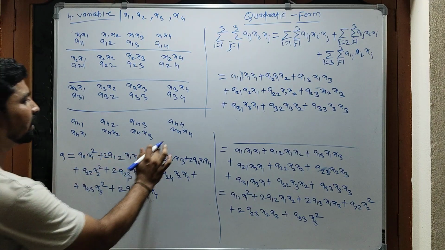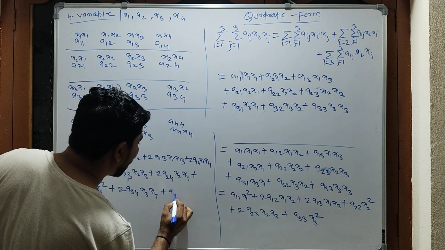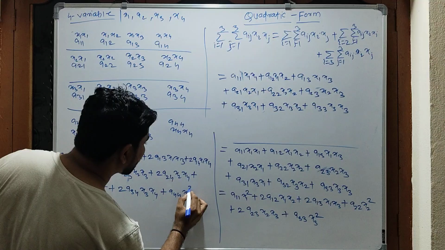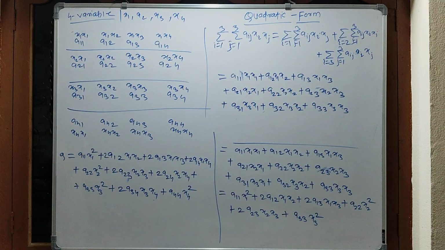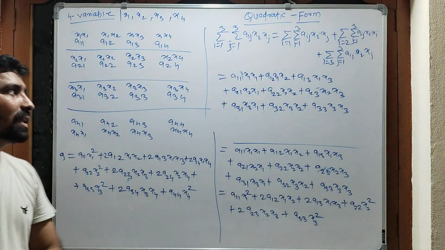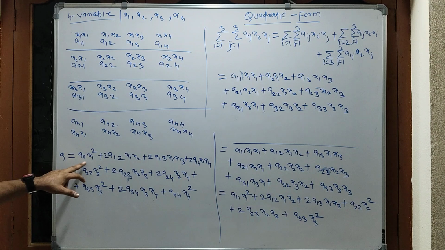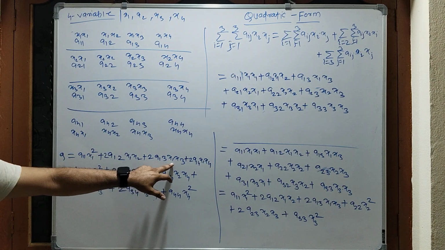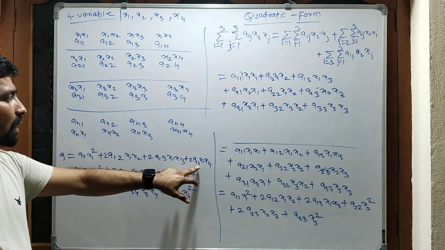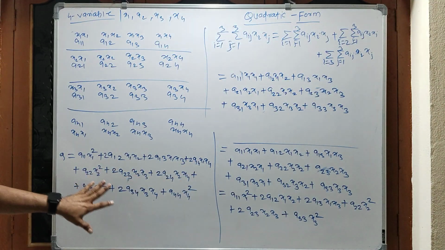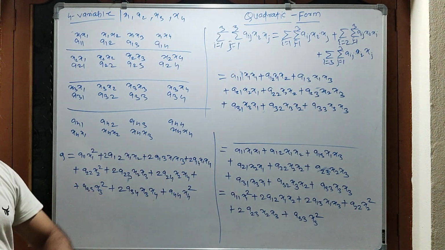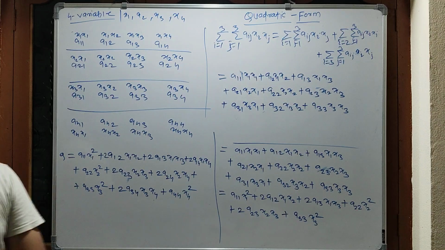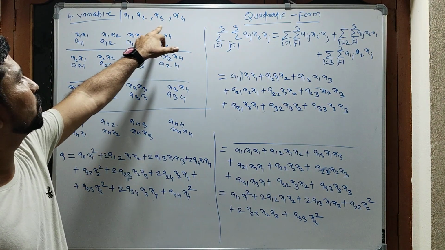Now last is plus a44 x4 square. So this is the quadratic form in 4 variables: a11 x1 square plus 2 times a12 x1 x2 plus 2 times a13 x1 x3 plus 2 times a14 x1 x4, and so on up to a44 x4 square. So this is the quadratic form in 4 variables x1, x2, x3, x4.